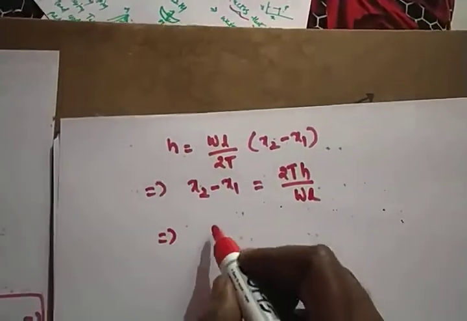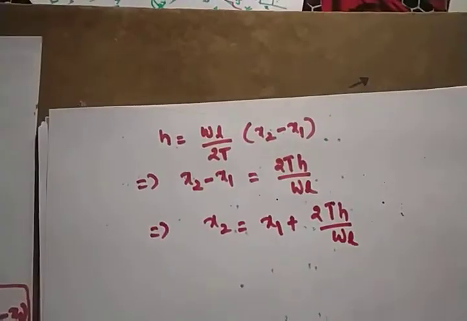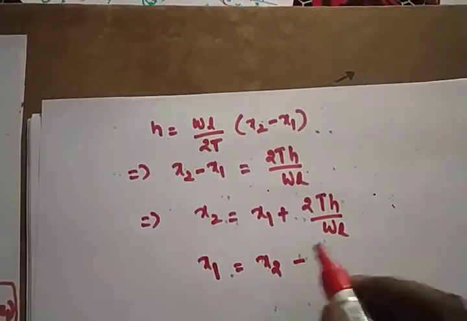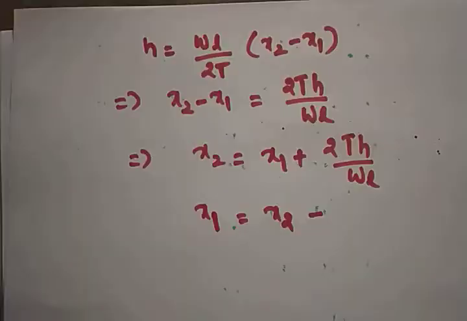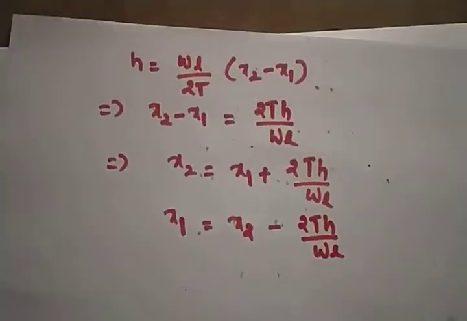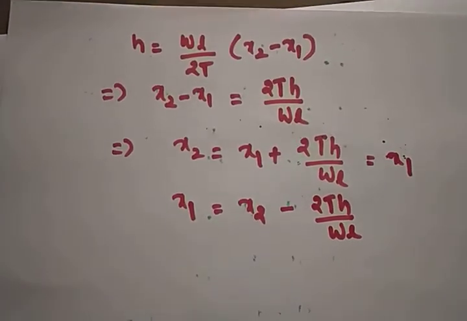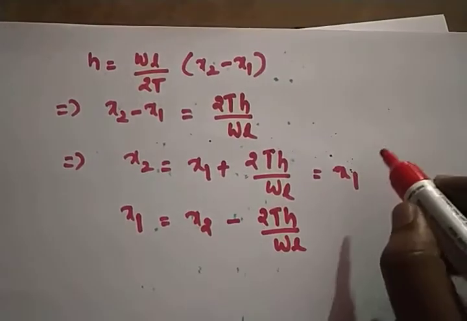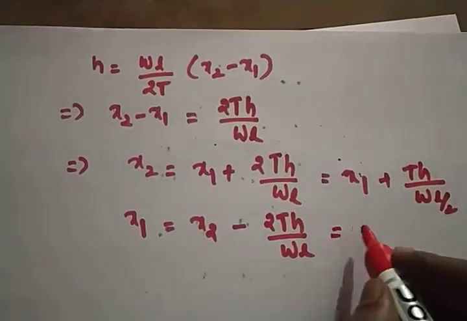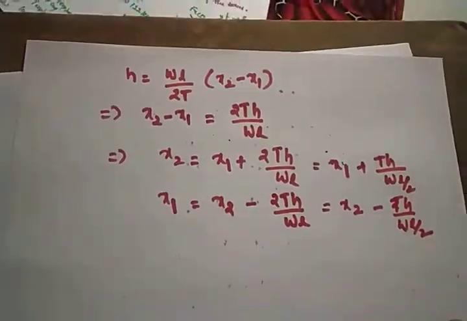So from this, x2 is x1 plus 2T H by W L. And x1 is x2 minus 2T H by W L. Or else you can write it as x1 plus T H by W L by 2, or x2 minus T H by W L by 2, or whatever it may be, right?